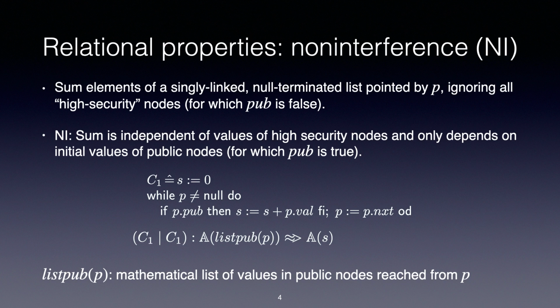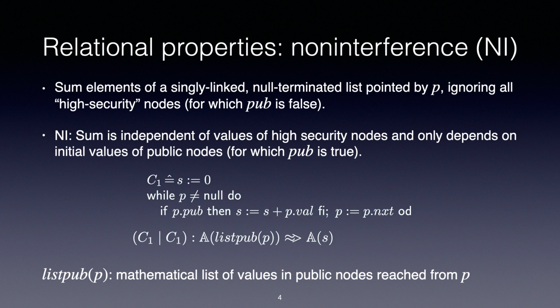So for the high security nodes, the flag pub is false. And for low security nodes or public nodes, the flag pub is true. So noninterference says that the sum is independent of values of the high security nodes and only depends on initial values of public nodes for which pub is true.